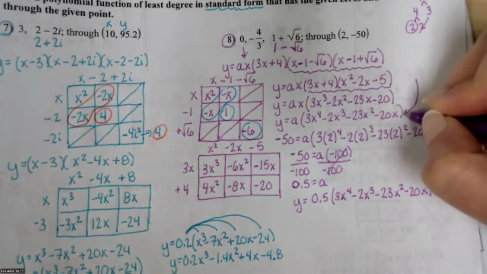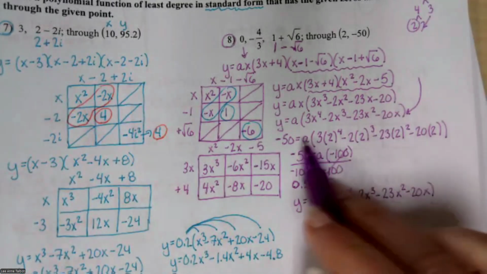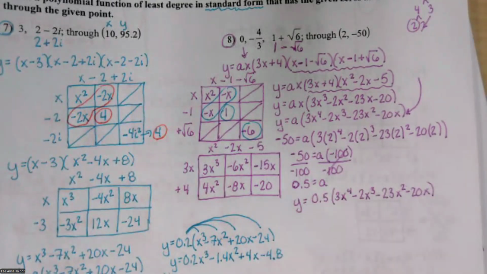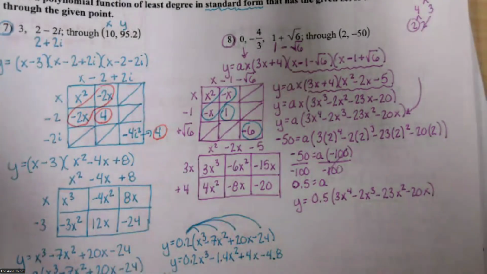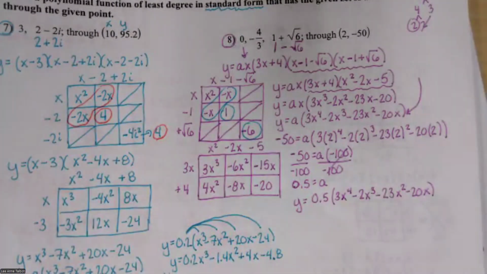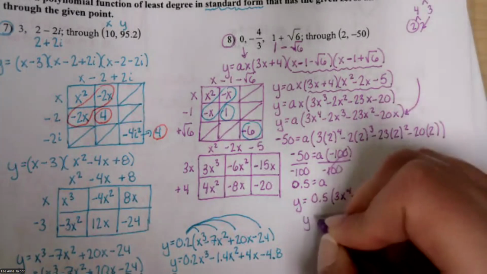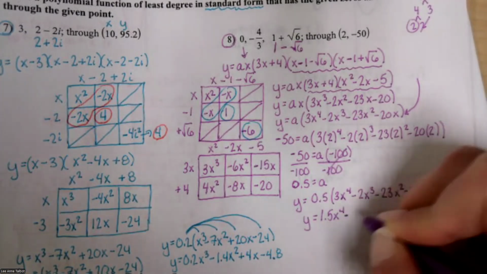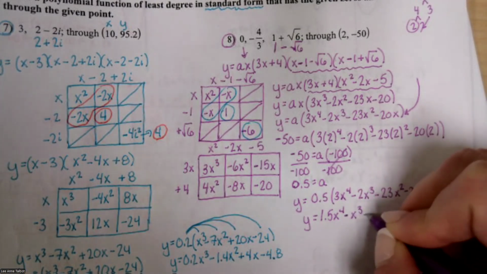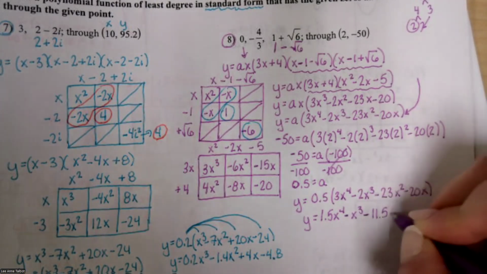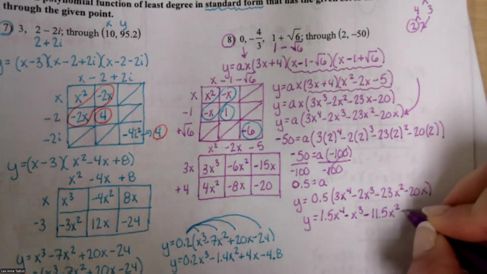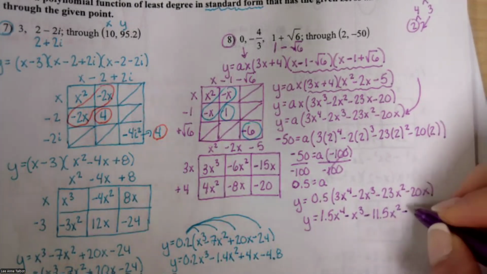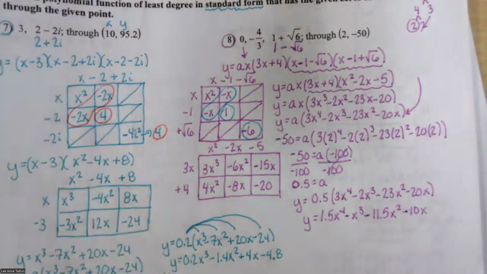And you want to put that a back into this step right here, right before you plugged the x and y in. Okay, let's see if I can do this. y equals 1.5 x to the fourth minus x cubed minus 11.5 x squared minus 10x.